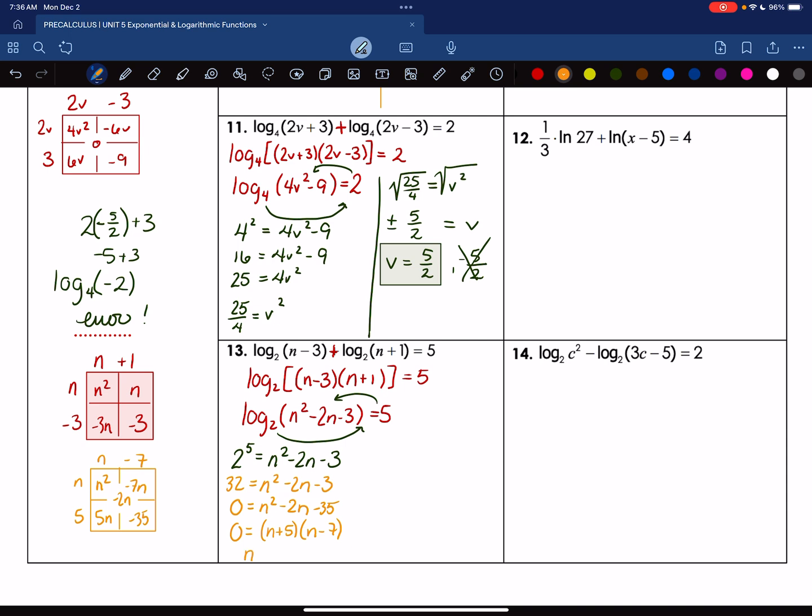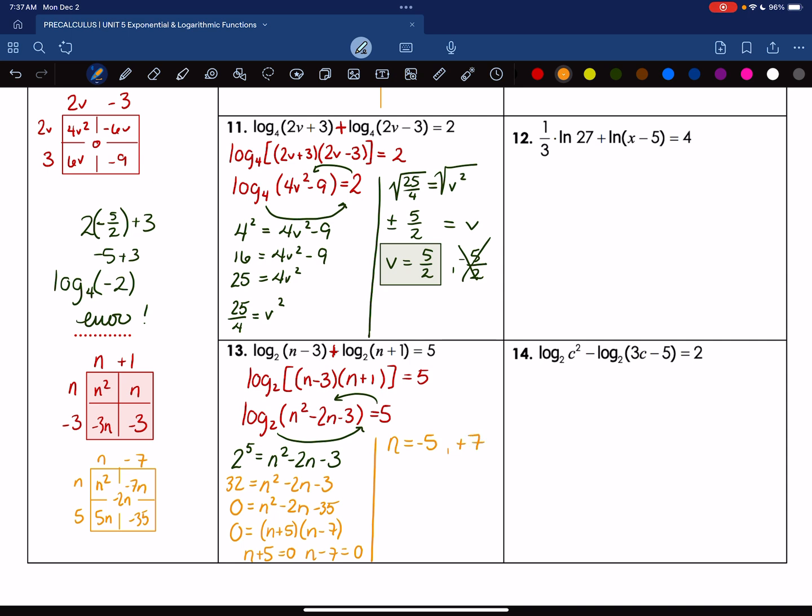So that means n plus 5 equals 0, n minus 7 equals 0, and n is either negative 5 or a positive 7.